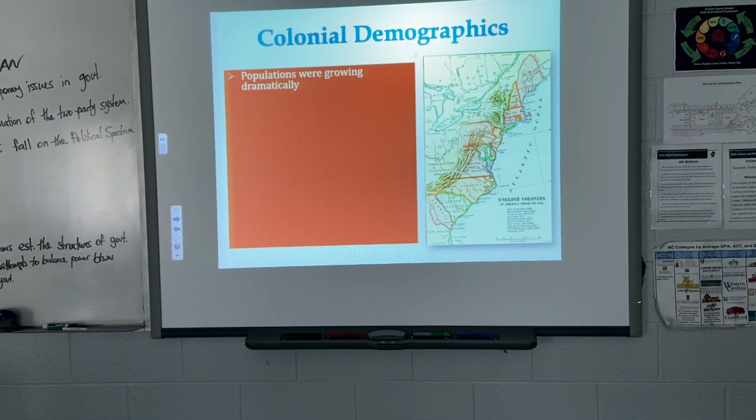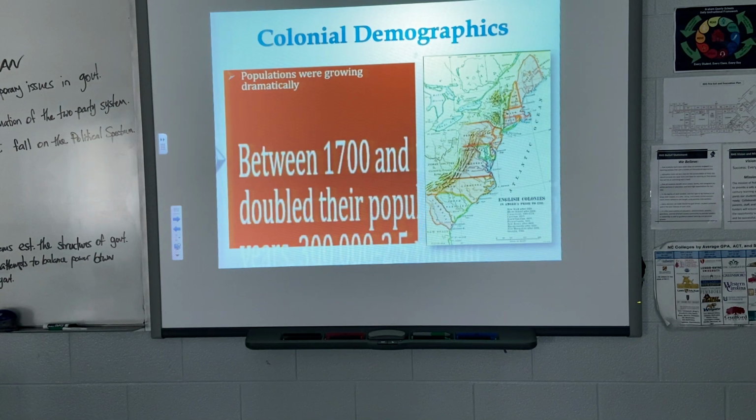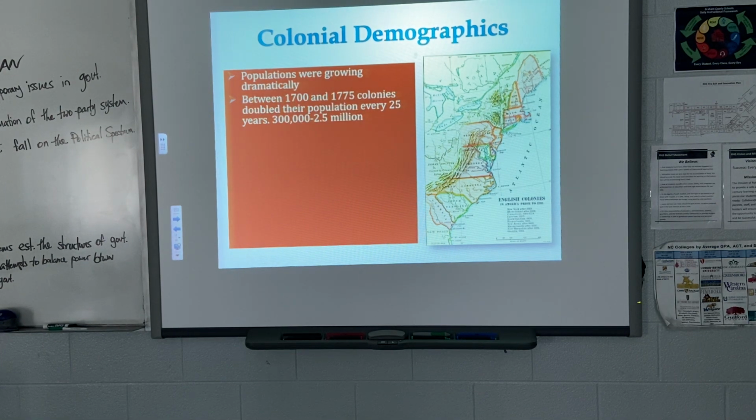Okay, so here we go. Population was growing dramatically. Between 1700 and 1775, population would double every 25 years. Some factors involved in the population growth: birth rates, there again, the quotation about rattlesnakes as far as the quickness of multiplication.